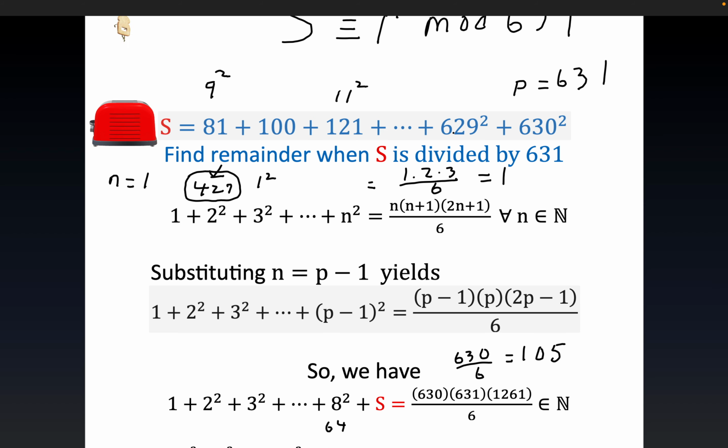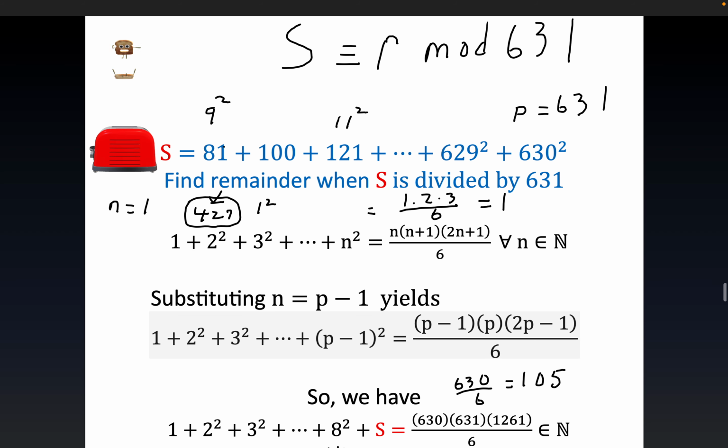Super, super big and would be impossible to compute by hand. But modular arithmetic gives us a clean way, along with this result here, which requires some proof, of course. You know, it's an induction proof. We use that and modular arithmetic to get the remainder without really ever having to do any intense calculations.